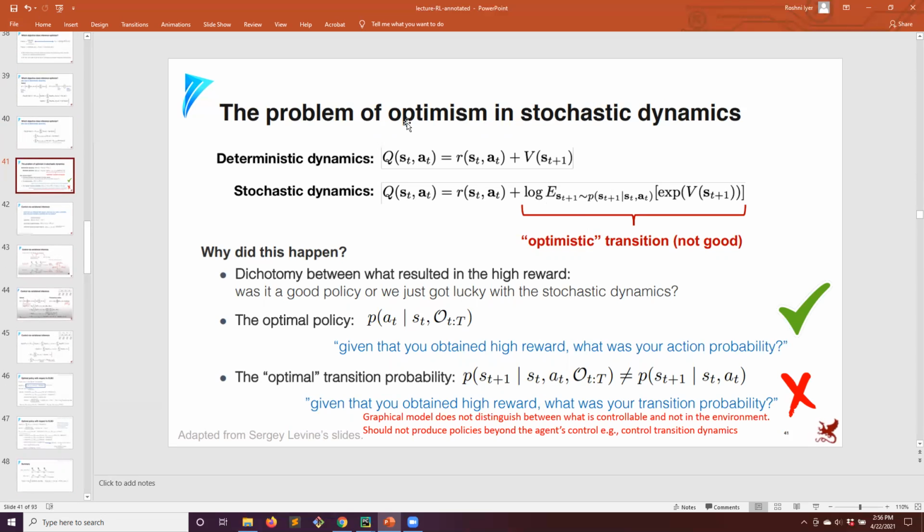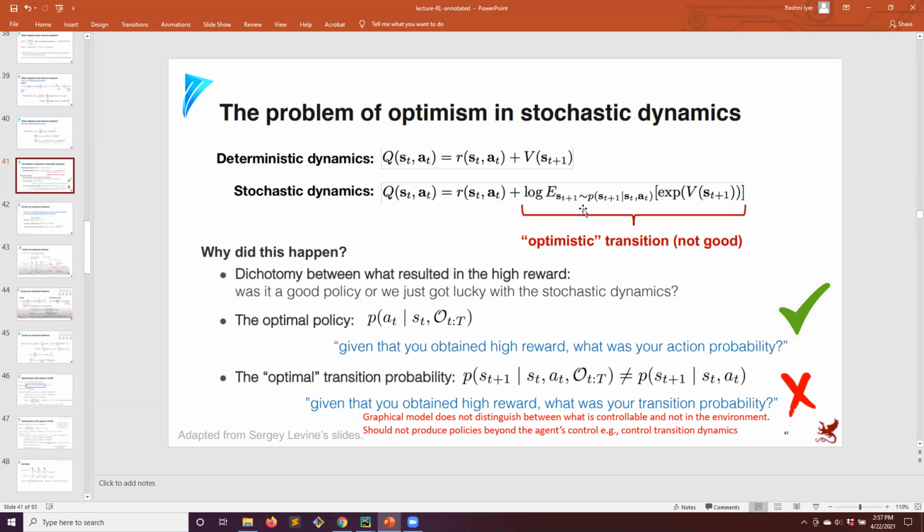Now, this is something we looked at earlier. We saw the deterministic dynamics for how we define the Q function, and then we saw stochastic dynamics. And we talked about how there was this problem in the stochastic dynamic case where we have this very optimistic behavior, where the policy tends to take risky behavior.